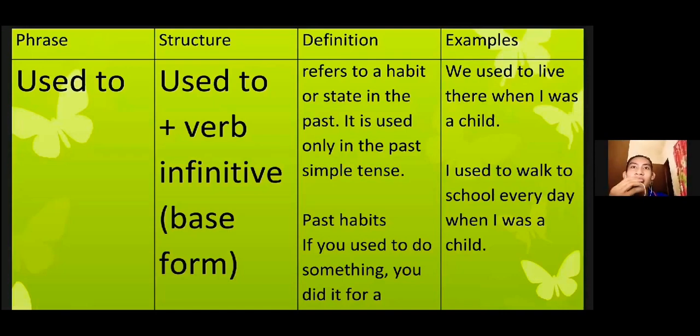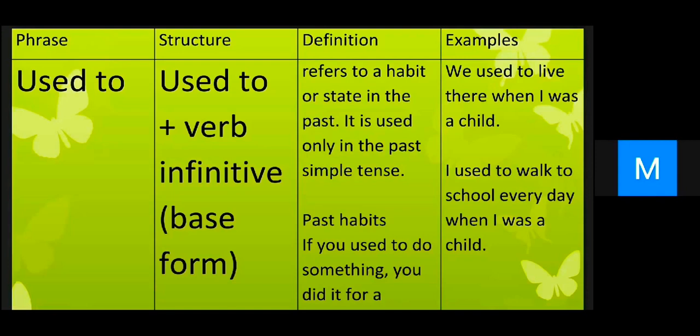If you noticed in the two sentences, they've used the base form of the verb after the phrase used to. And with that, we are following the structure used to plus verb infinitive or the base form of the verb. So what is the verb infinitive? Anyone who knows the answer?